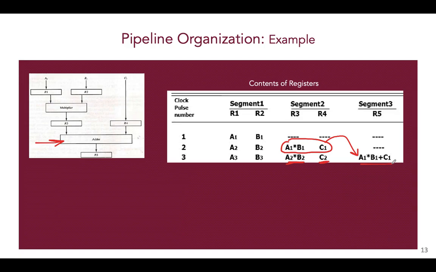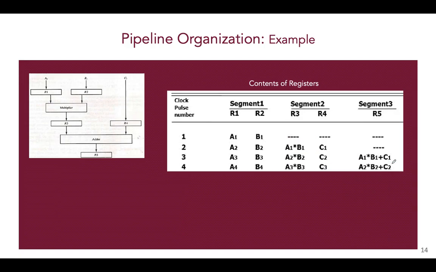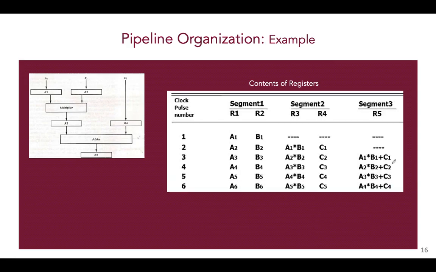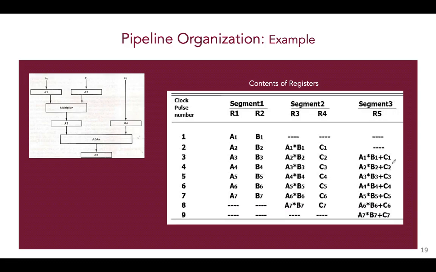And then you can see that with each passing clock pulse, new inputs are coming into the top segment, previous contents of that segment move on to the next segment, and then again with the clock pulse this cycle repeats, and so on and so forth. In the end, when we have the final input and the final output corresponding to that input, that's where the process of the entire pipeline ends.